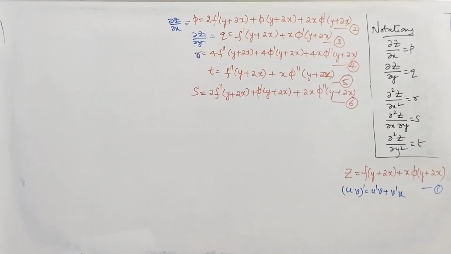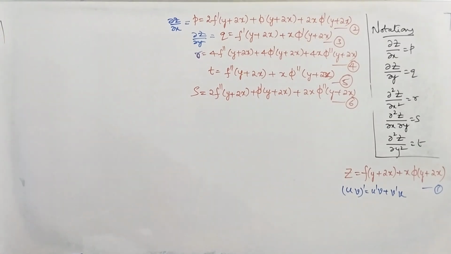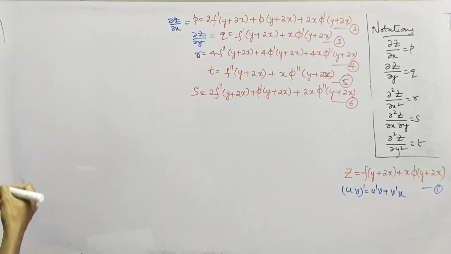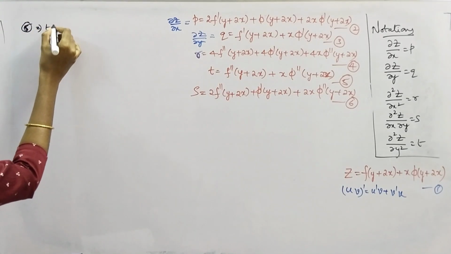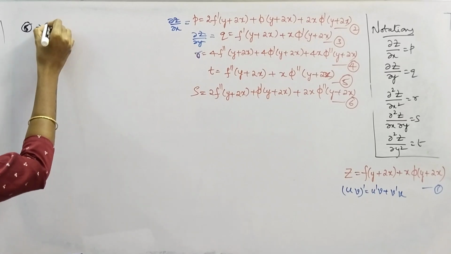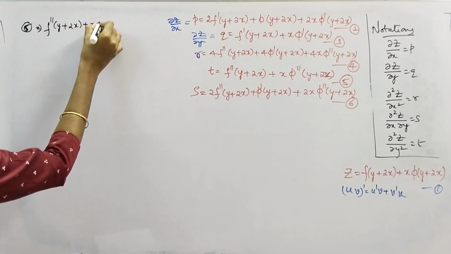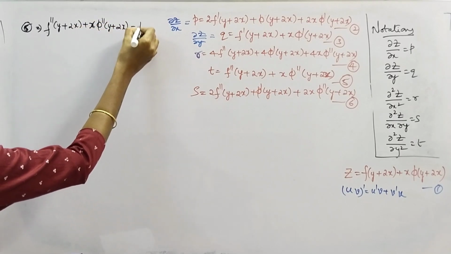Now we'll use the last three equations, 4, 5 and 6. So first of all, take t. From equation 5 we have f'' of (y + 2x) plus x into φ'' of (y + 2x) equal to t.